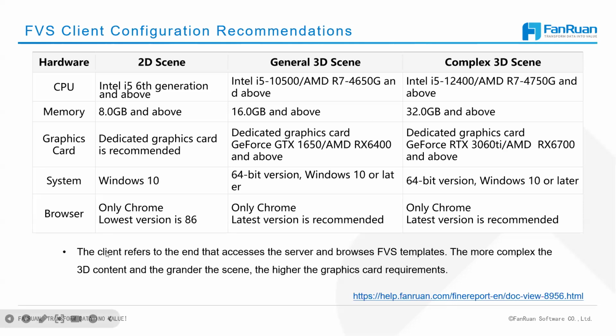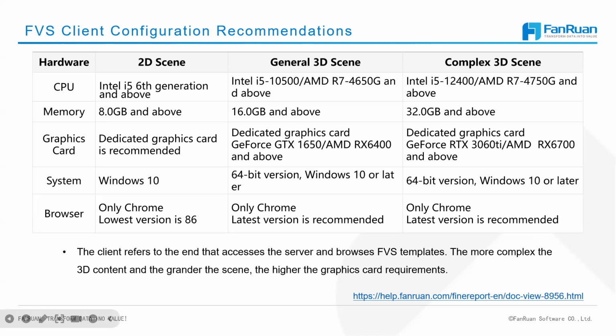So here, actually, this refers to the end. You can see the end that accesses the server and browses it, so the end for preview. For the development side, we cannot use such high requirements, but it is always going to be better if we have these requirements.